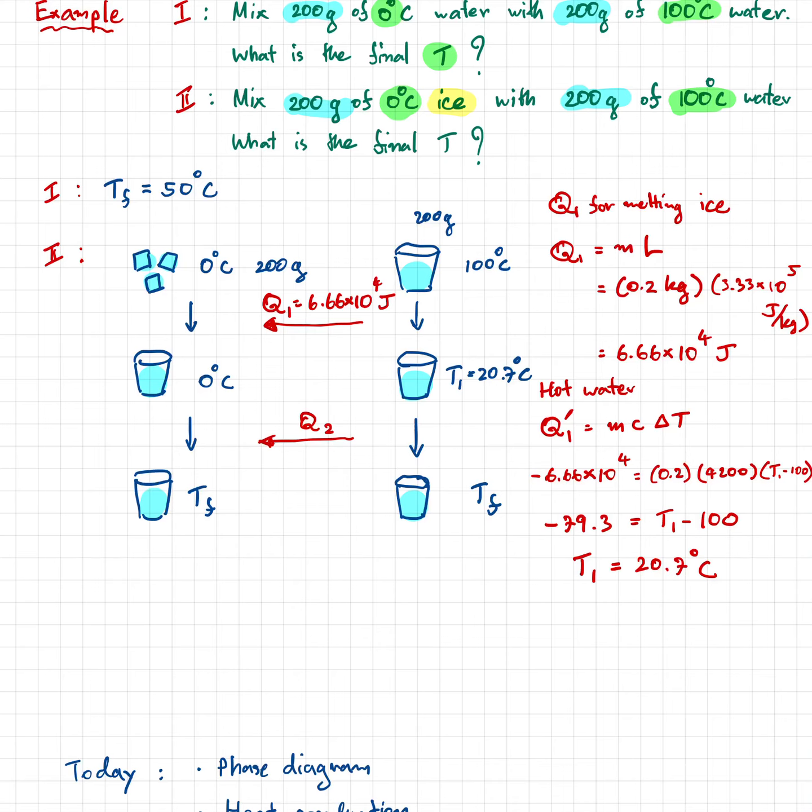Why is it T1 minus 100? What is delta T? Delta T is the final temperature minus the initial temperature, right? The final temperature is T1, the initial temperature is 100, so that's why it's T1 minus 100, instead of 100 minus T1, which is the other way around and wrong.